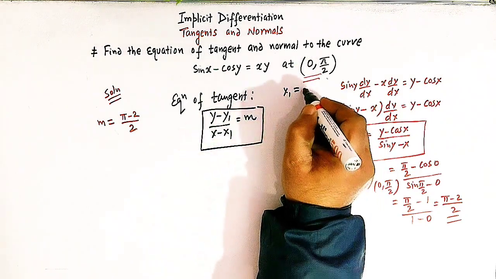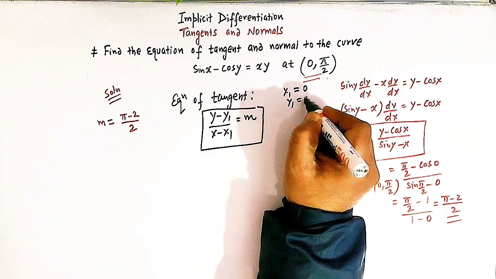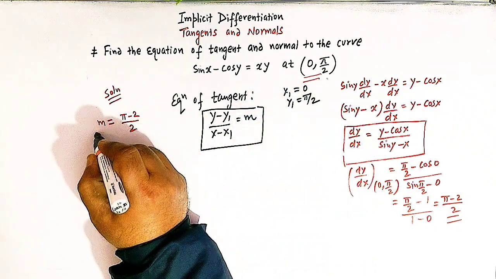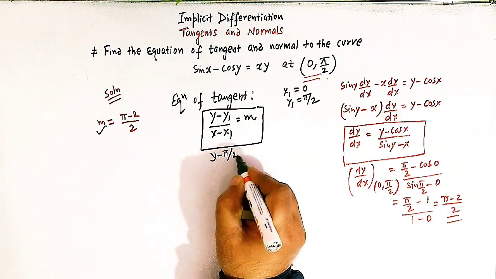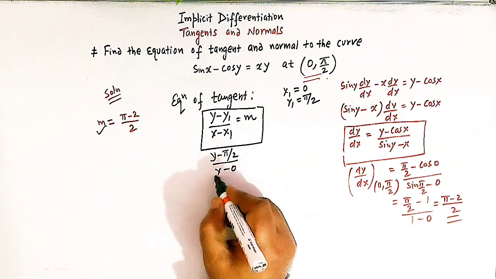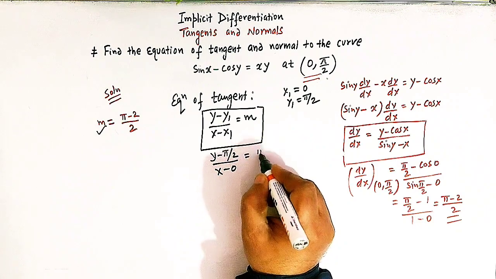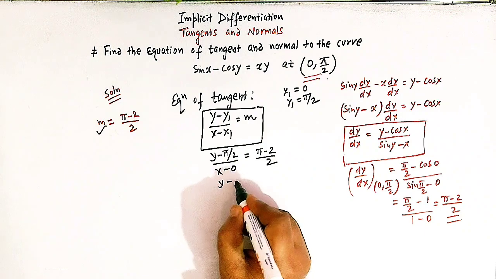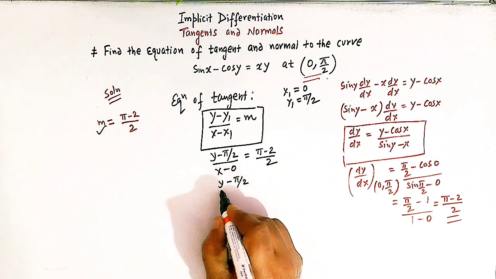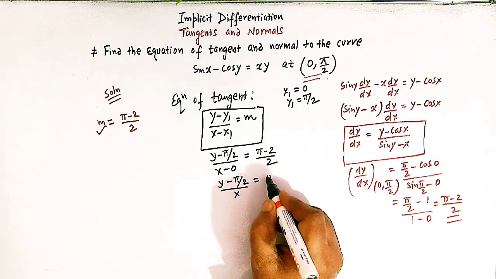So x1 is 0 and y1 is pi by 2, and m is the slope, right? So we have y minus pi by 2 divided by x minus 0, and here we have pi minus 2 over 2, right?